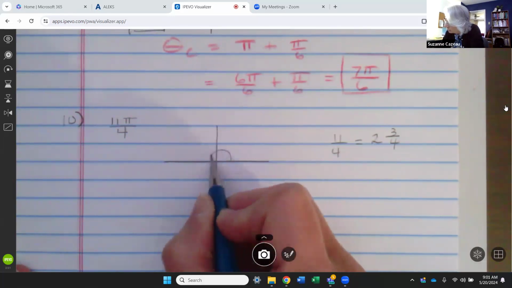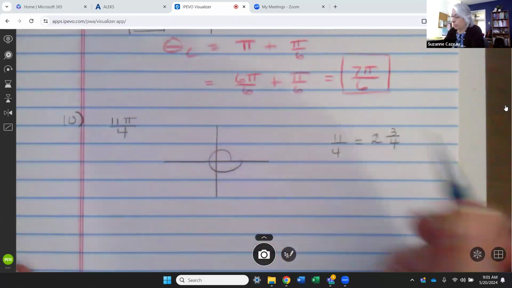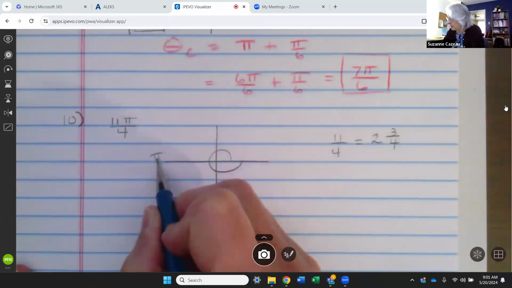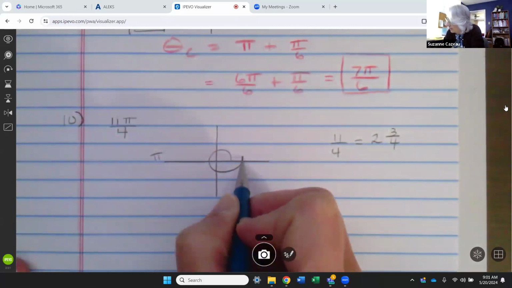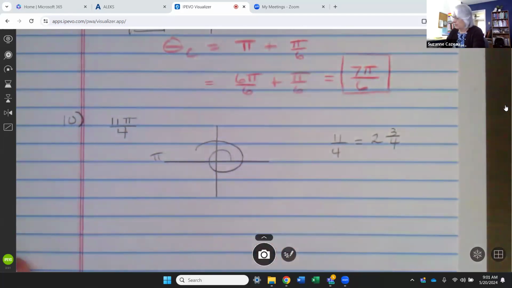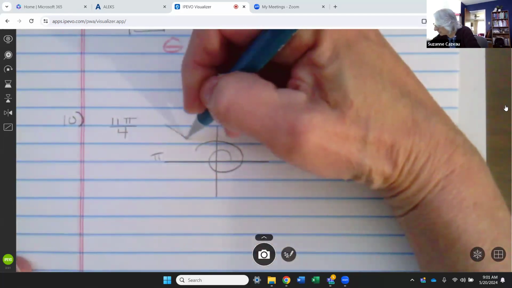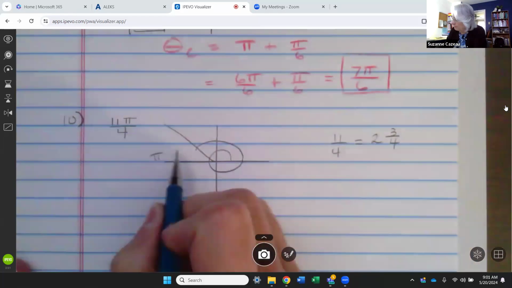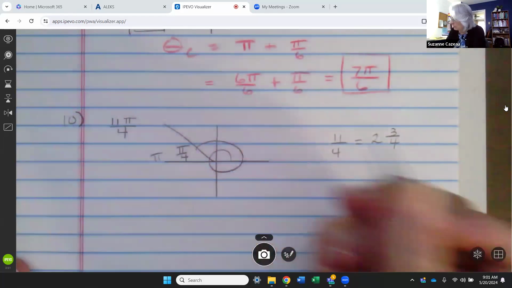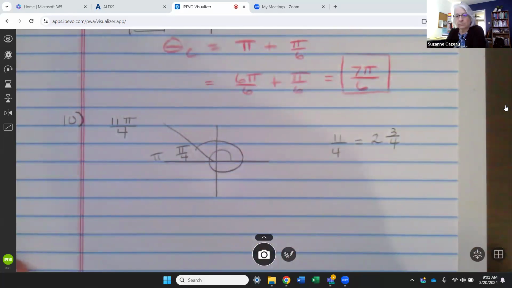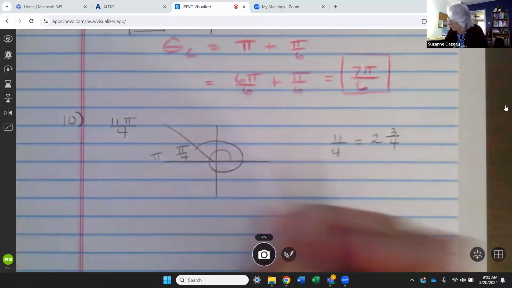Okay, so I'm going to go the positive direction, this way. So this gets me 2 pi, and now I got to go 3/4 pi over to here. 3/4 of the way lands me here. And that means that this in here is pi over 4. Okay, that's where we land.